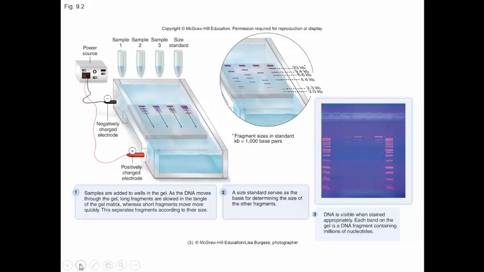You end up with a gel that has a bunch of bands of different sized DNAs, and you can work out how big these are. Having separated them out, you can visualize them using special stains, and then extract the DNA from the pieces of gel. You can use little X-Acto knives to cut out the little block and extract the DNA, and then you can do other things with that piece of DNA.